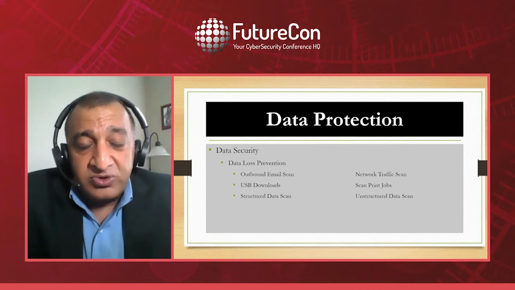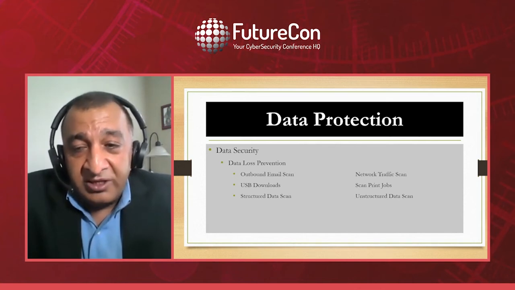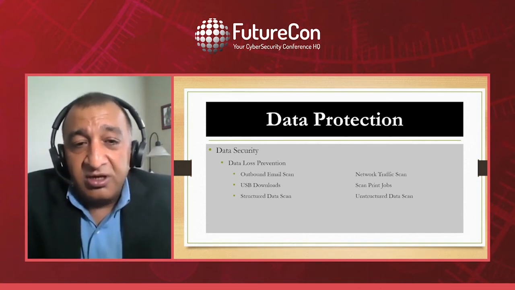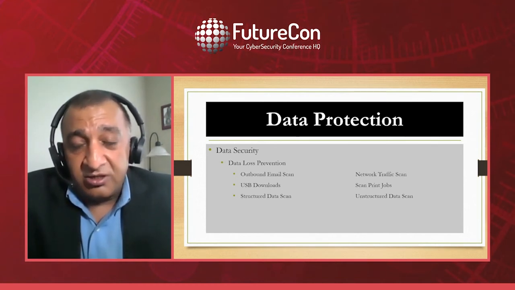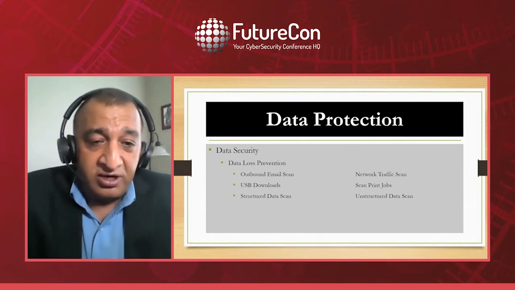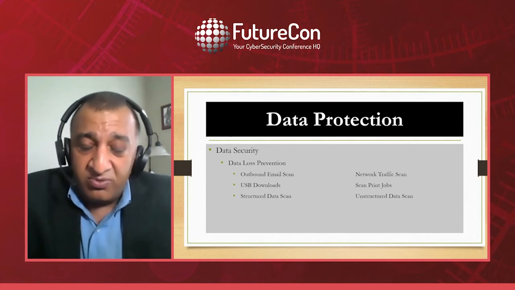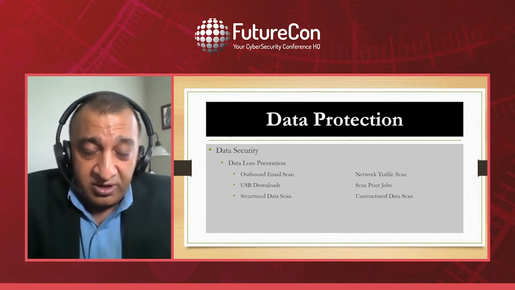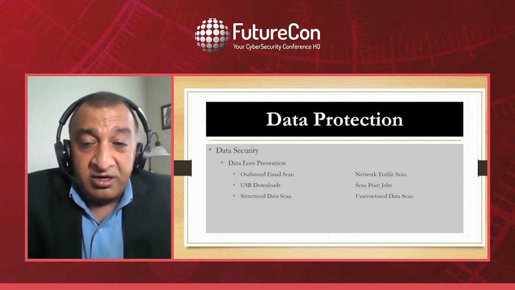When you scan email based on our data classification, we've now identified what we want to protect. Is it social security number? Is it member ID? All the different elements that we're trying to protect that are going outbound.